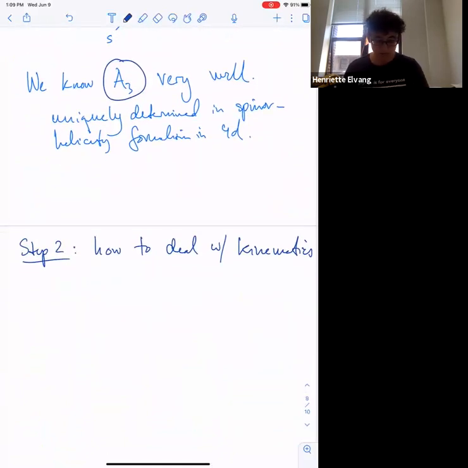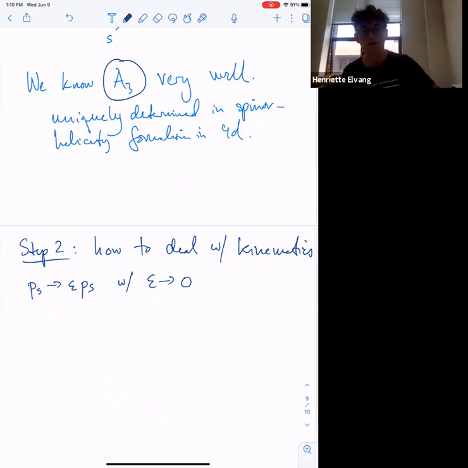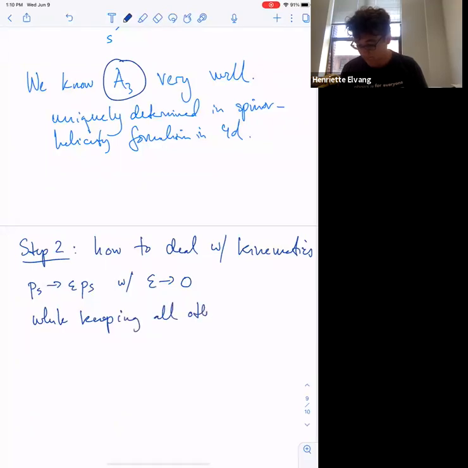Okay, so I imagine I want to take my soft momentum to 0, right? So I want to take this soft, but I want on every step along the way to keep my on-shell properties. So I want to keep all the particles on shell and preserve momentum conservation.